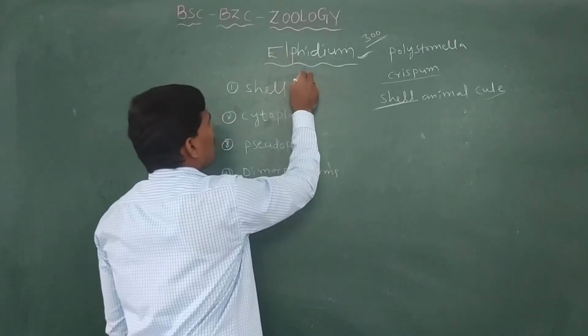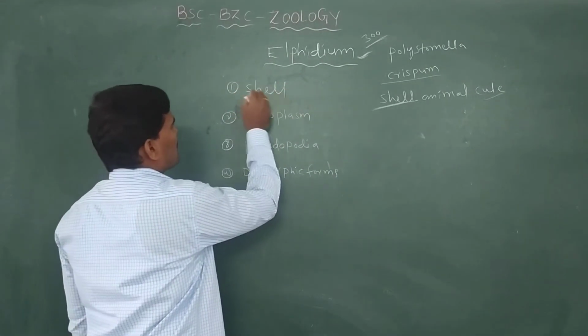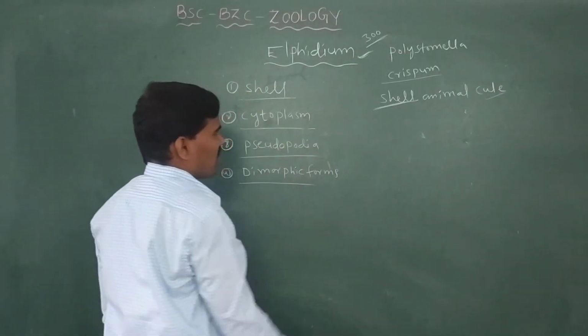For the external morphology, Elphidium has the following parts: the shell, cytoplasm, pseudopodia, and dimorphic forms.